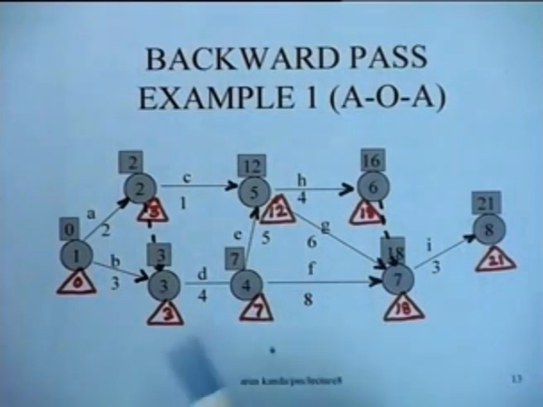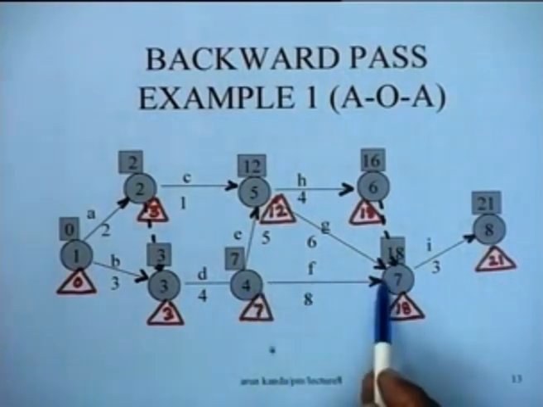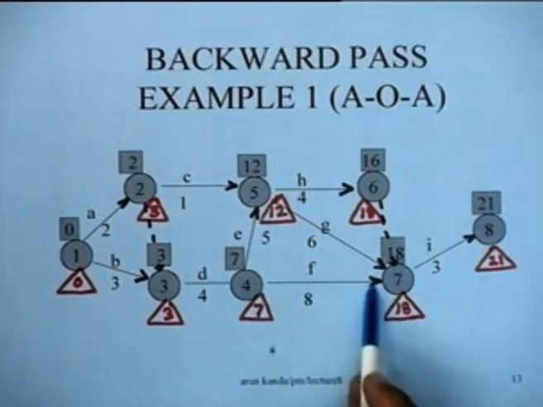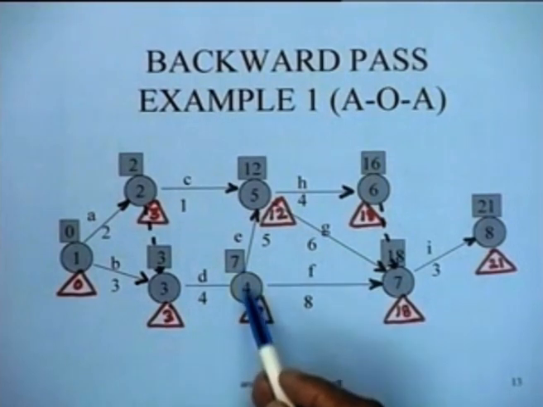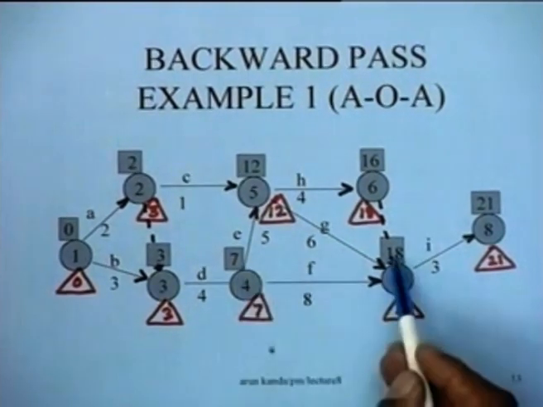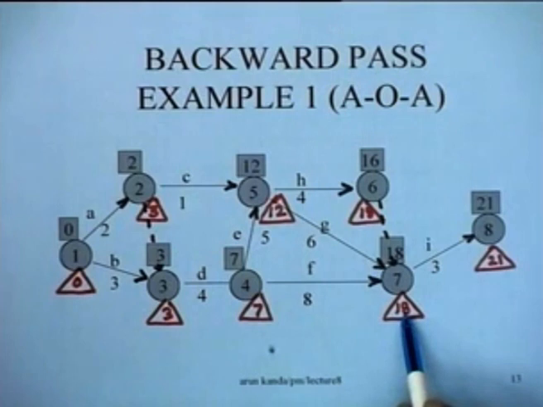These are the computations we had done, and look at this particular activity F. Once we have identified the total float for this, which is 3, the slack on the preceding node is 0, the slack on the succeeding node is also 0.